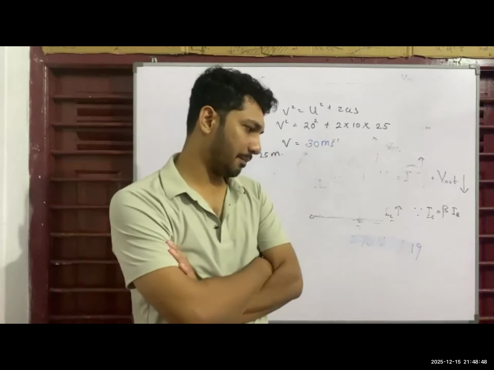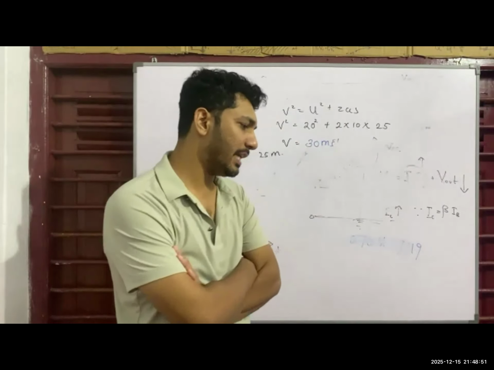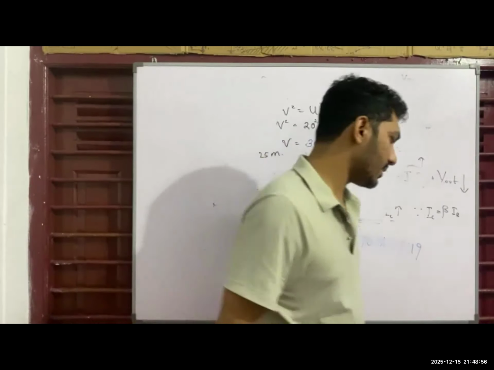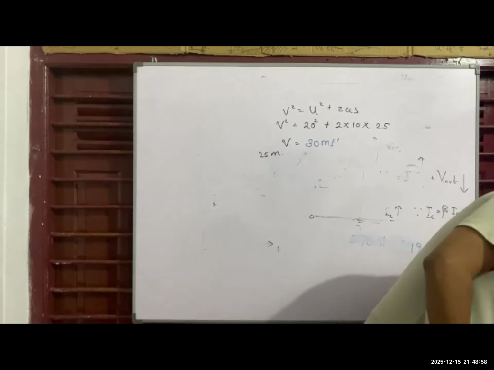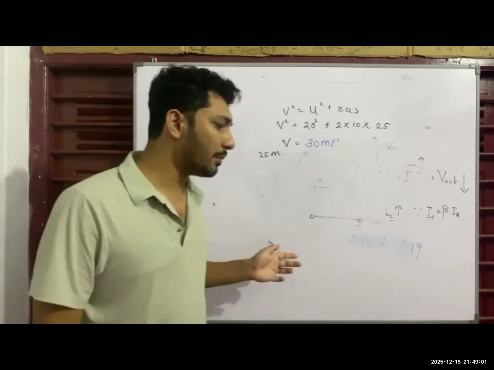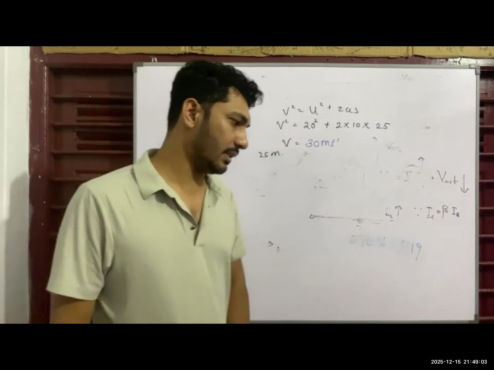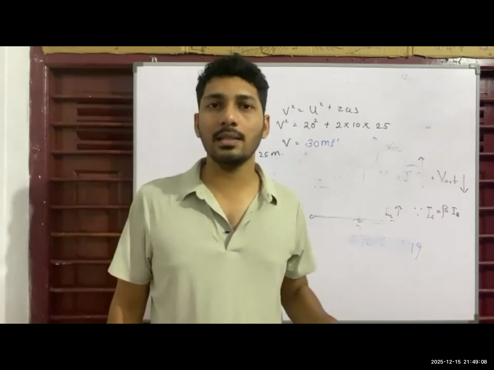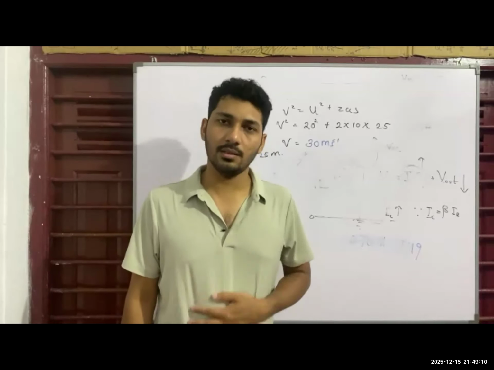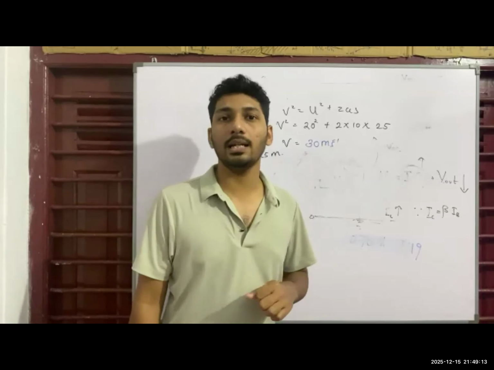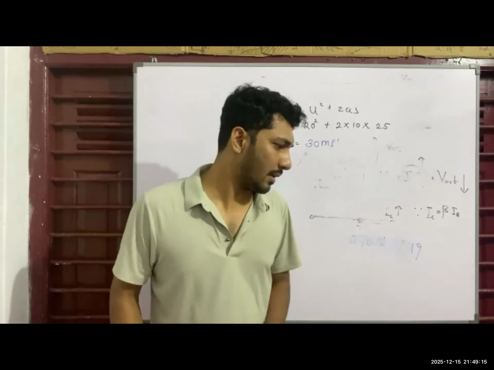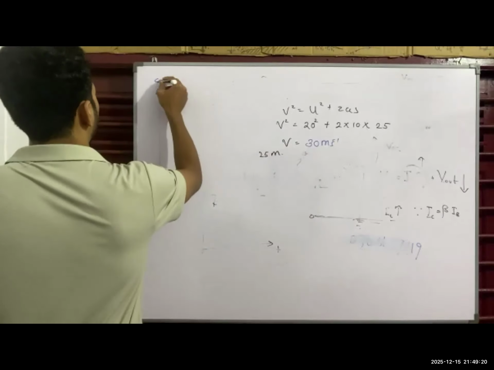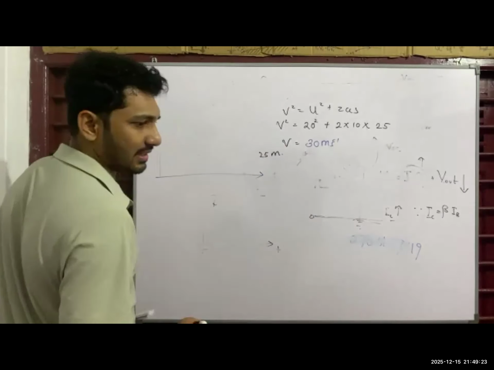Question number 38. A figure shows a displacement-time graph for two objects P and Q moving along a straight line. Consider the following statements. A. Both objects have velocities in the same direction. When you are discussing the direction of the velocities, you have to look at the angle.